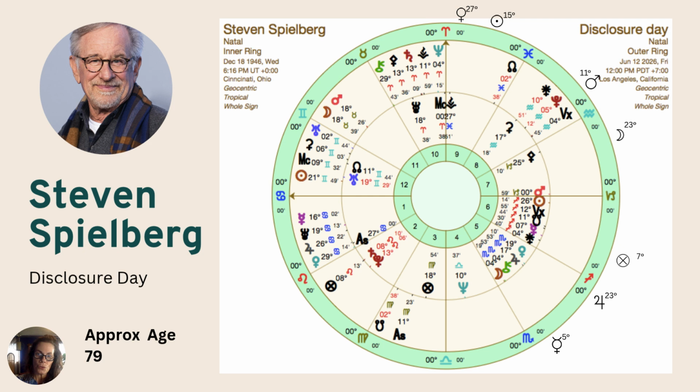And that is actually in a T-square with transit Pluto in his 8th house, which is Aquarius, right? So on point for the topic. And also in a T-square with his Saturn and Pluto combination in his 2nd house. So it should be interesting to see what plays out under this aspect.